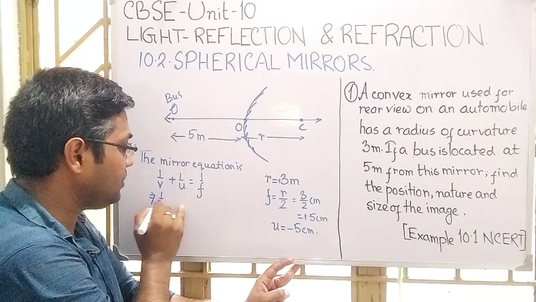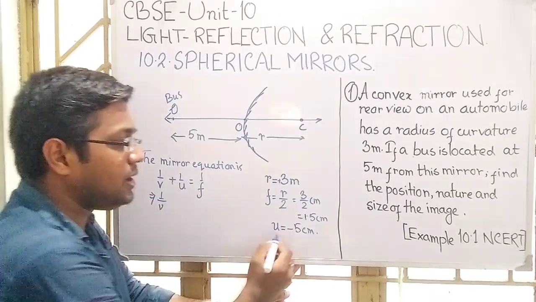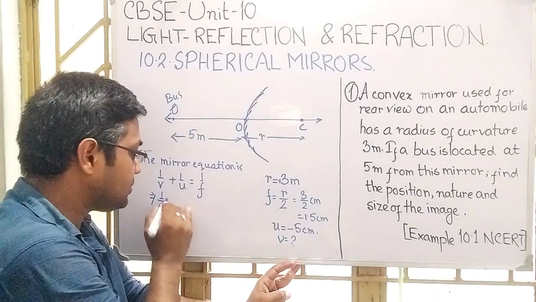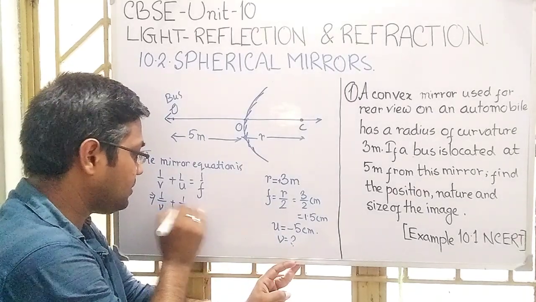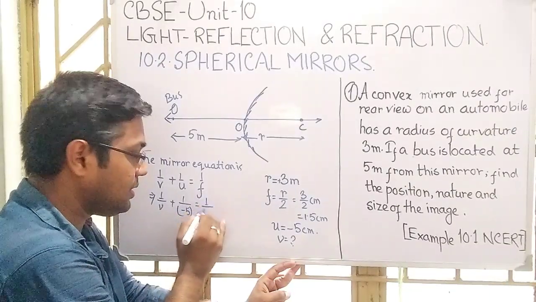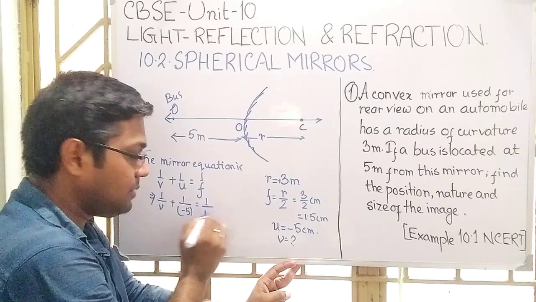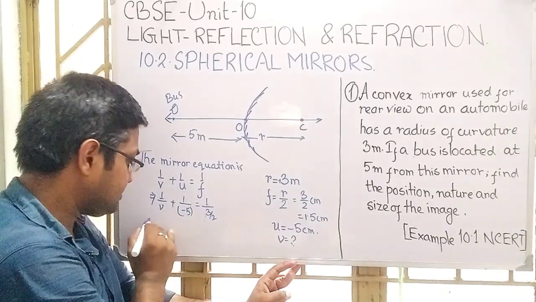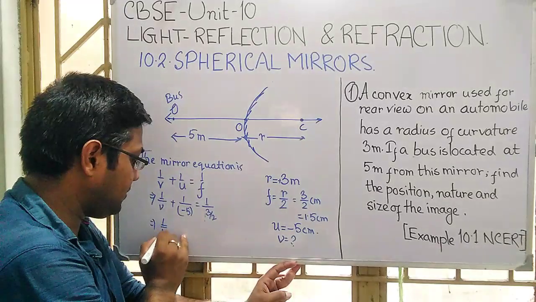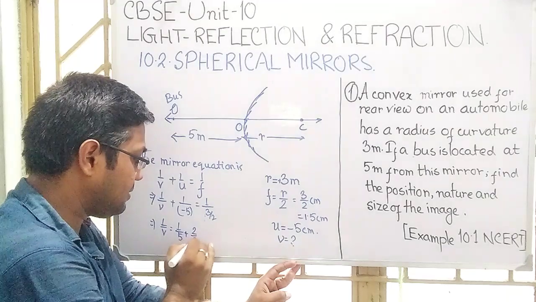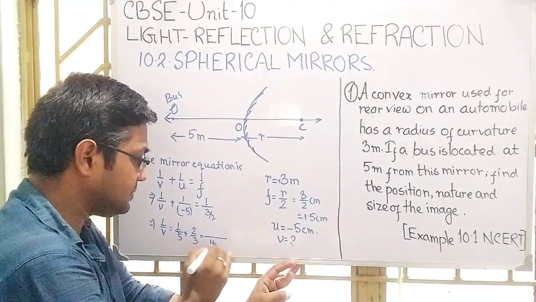So from here what we have to find? You have to find the image distance. Okay, so 1 by v equal to 1 by f minus 1 by u, that is plus 1 by 5 and 1.5 we can write as 3 by 2. So what is 1 by v? 1 by v equal to 1 by 5 plus 2 by 3.